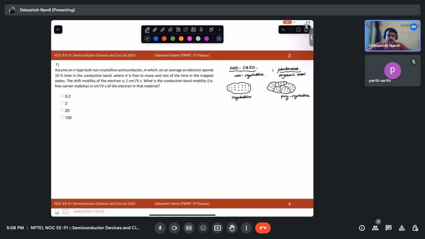What happens when you have a semiconductor which is doped? Suppose you go above the NC and NV effective density of states level of doping. For silicon, say you go beyond 10 raised to 19, and at those higher dopings your device starts to become polycrystalline. And what happens when you cross the atomic density of silicon, which is 5 into 10 raised to 22 per centimeter cube? Then you have the issue of the solubility limit.